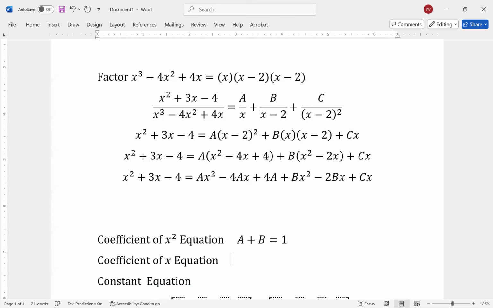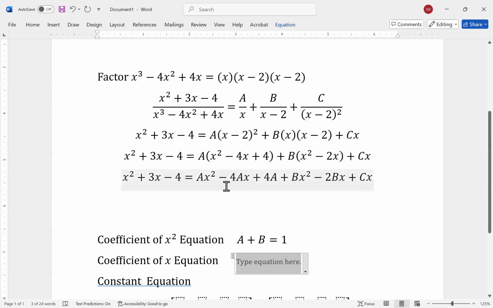As far as the coefficient of x's go, we have negative 4a times x, minus 2b times x, plus c times x.